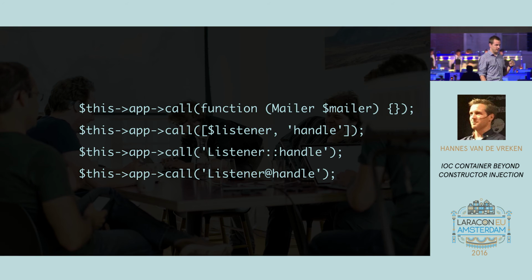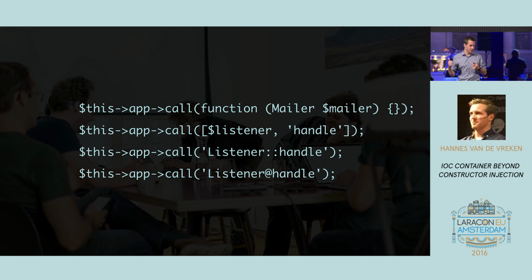What's cool here is that the container will use reflection to see what the arguments are. So the first example says, you need to inject a mailer here. You need to call this with a mailer instance. Laravel's IoC container will call this method with a mailer instance. First, it will create that mailer instance, of course.